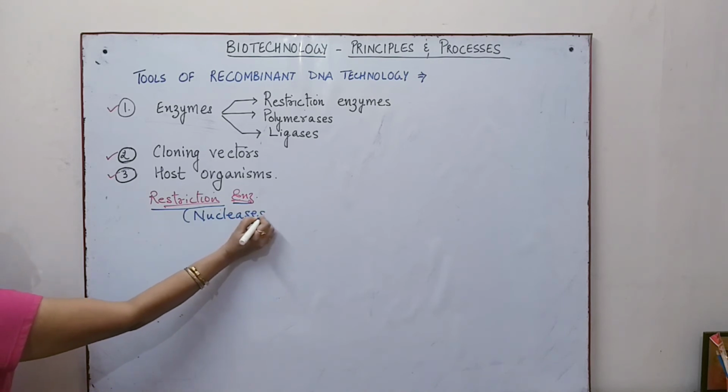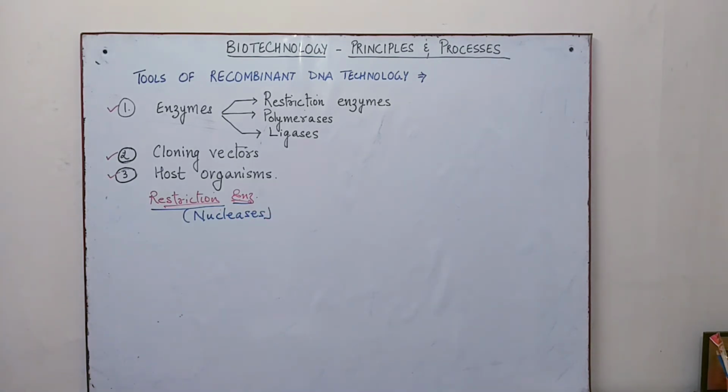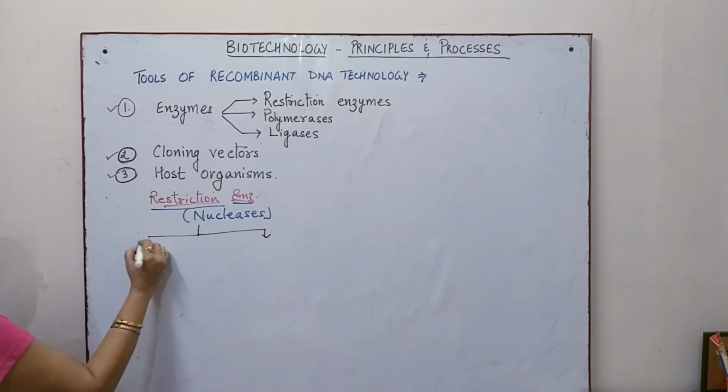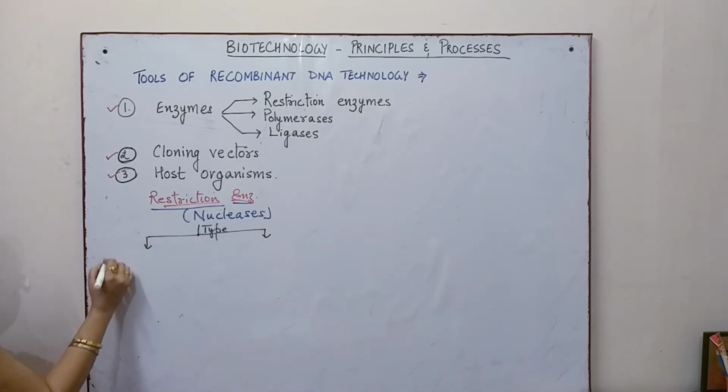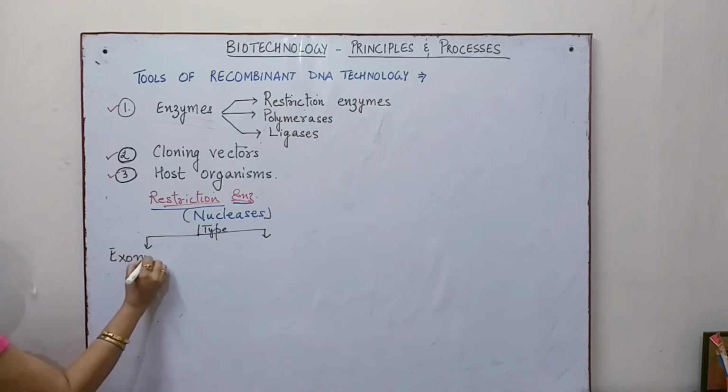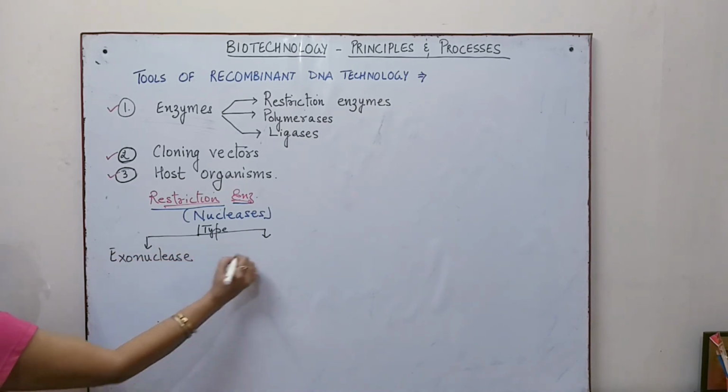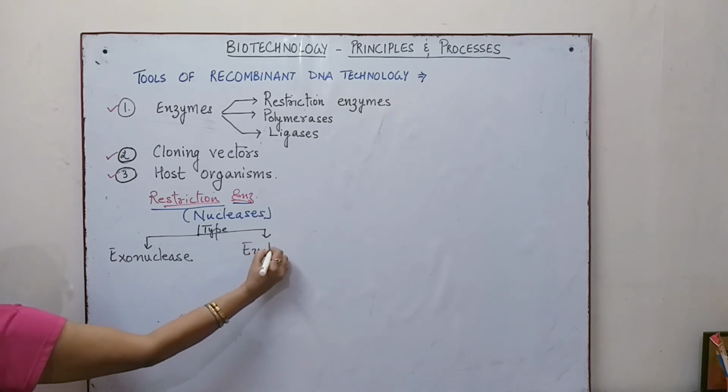Nucleases are those group of enzymes that cleave the nucleic acids, that is, DNA and RNA. Now we classify them as of two types. The types are restriction exonuclease, and the other is restriction endonuclease.